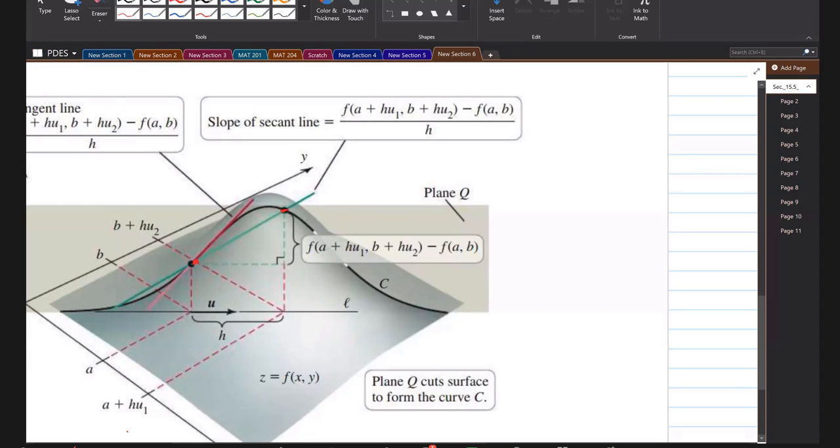We're looking at the change in the height between these 2 points. That's this functional value right here, and we're going to subtract from it this functional value right there. That gives us the change in the height. And our change in width is simply the actual distance between these 2 points, which is h.